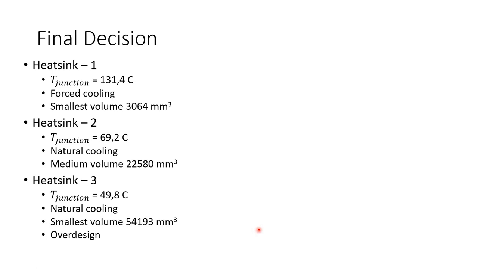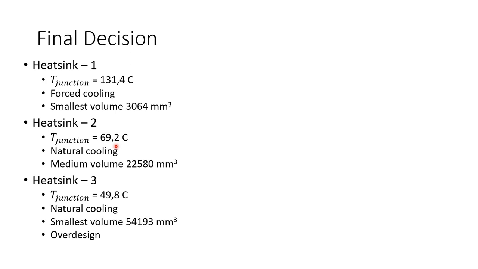The second one actually has 7 times more volume than the first one, and the junction temperature of the second heatsink will be around 70 Celsius. The good thing about this heatsink is that we don't have to use a fan, so we don't have to use the forced cooling mechanism to cool our power electronic circuits.